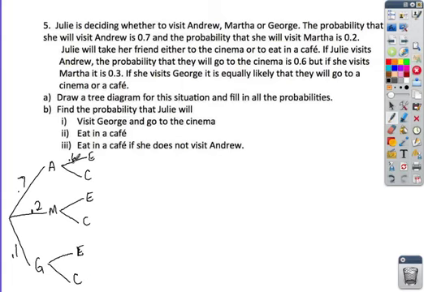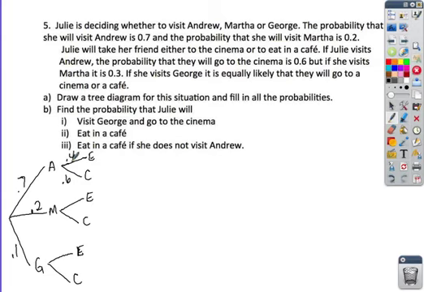And therefore the probability of going to eat is... let me change that. So the probability of going to the cinema is 0.6. The probability of going to eat then is 0.4.